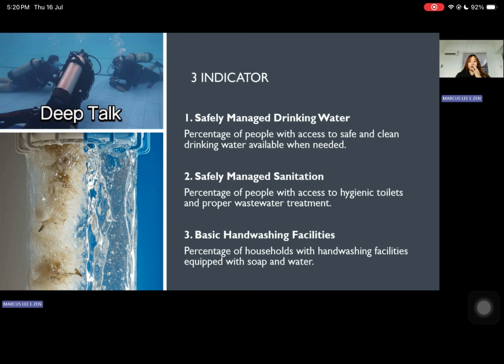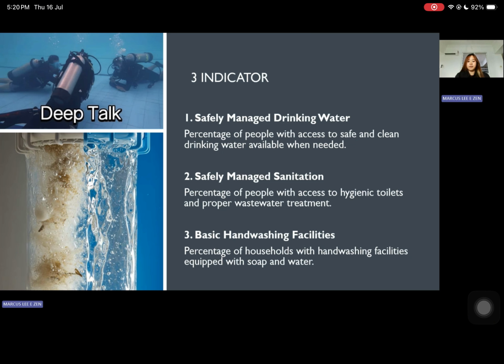On this slide, I will be talking about the three indicators. This slide explains the three main indicators used to measure SDG 6. The first is safely managed drinking water, which measures the percentage of people with access to safe and clean drinking water when needed.